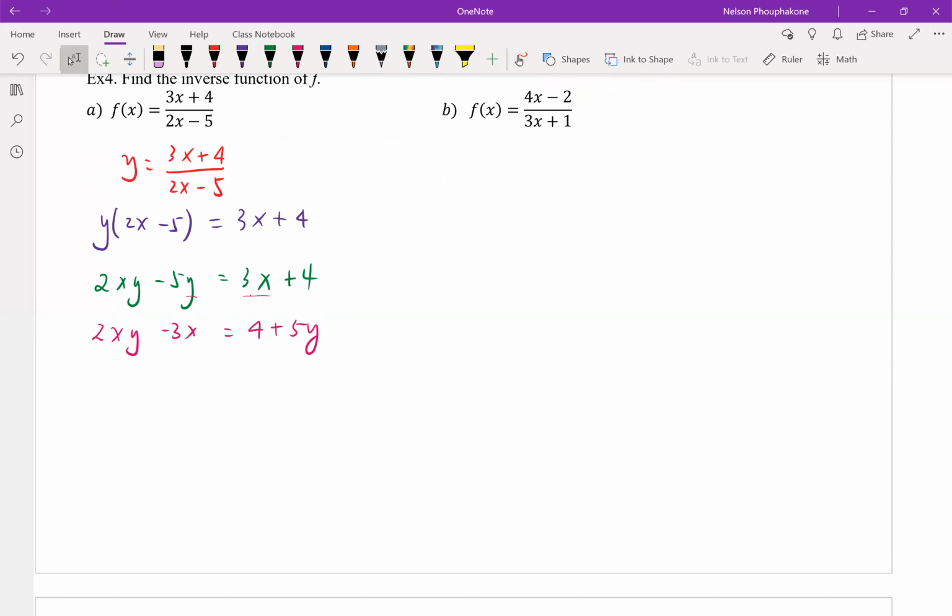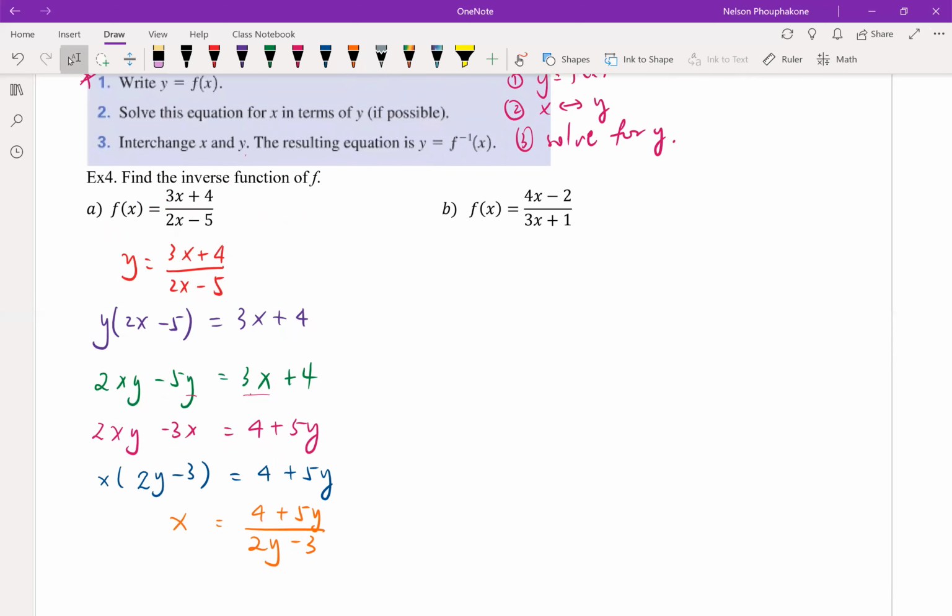Then the next step, I would like to factor x. And then of course, I'm going to divide both sides by 2y minus 3. And right now, we finished step number 2.